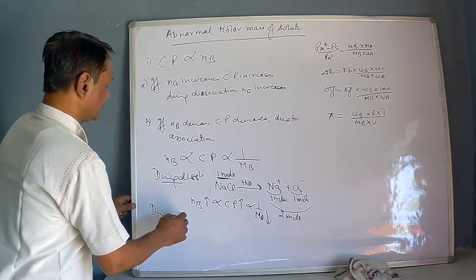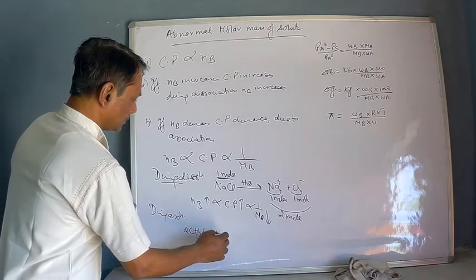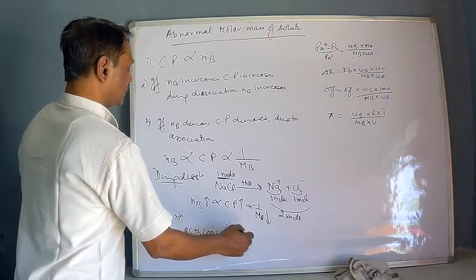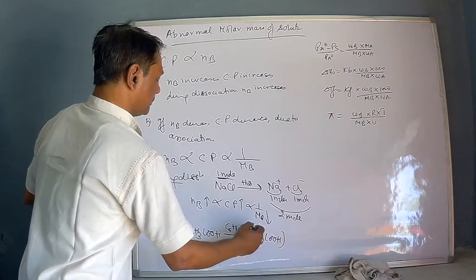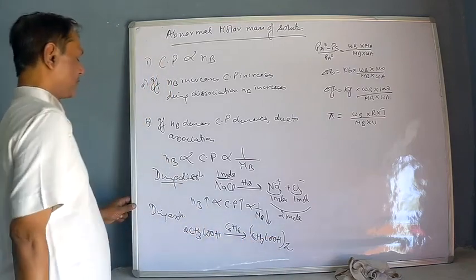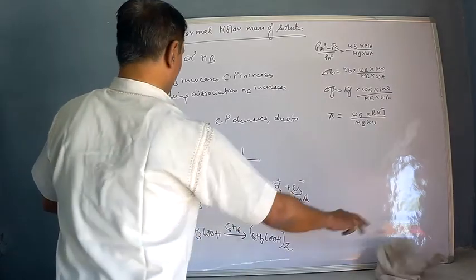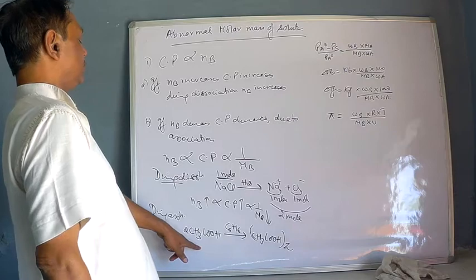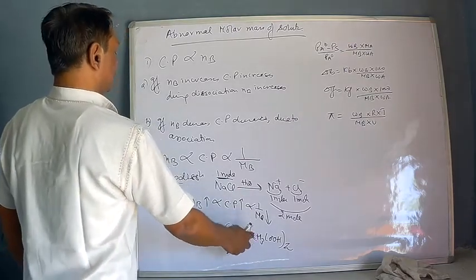During association, whenever acetic acid is dissolved in benzene, it dimerizes. We have taken 2 moles of acetic acid, and once the dimerization takes place, how many moles do we get? 1 mole.